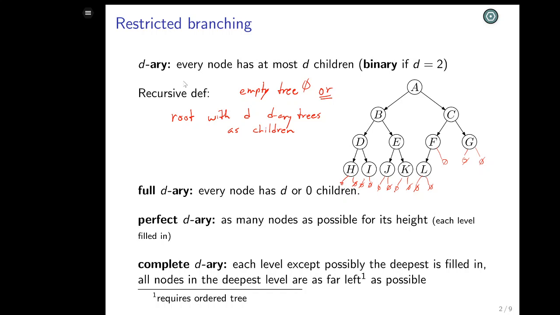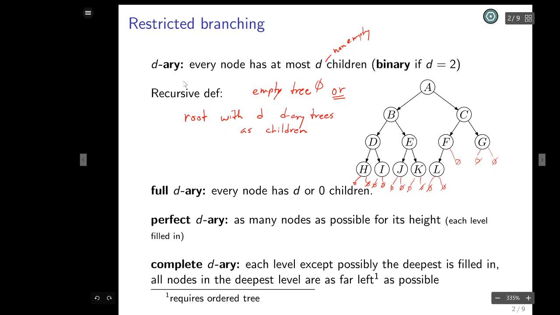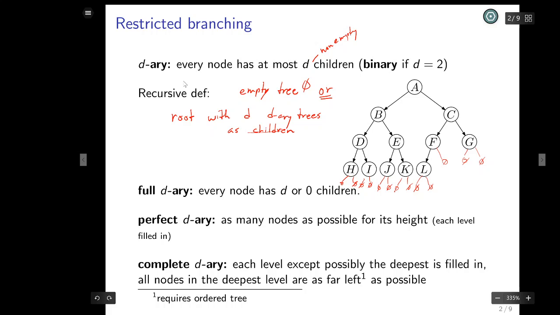Right. So really what I should say here is that most d non-empty children. But usually when you talk about children, except in this definition, you talk about non-empty children.